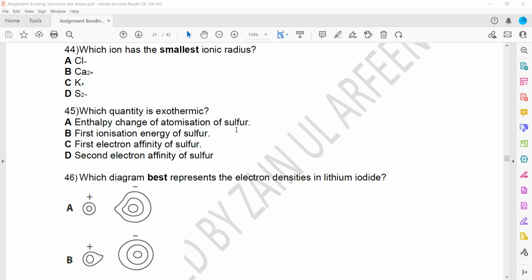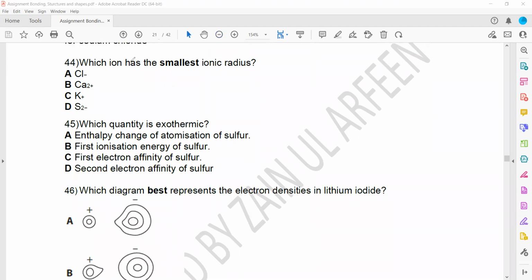Then which ion has the smallest ionic radius? To identify the smaller ionic radius, you have to check how many shells are used. Chlorine has 17 protons, and chloride ion has 18 electrons.